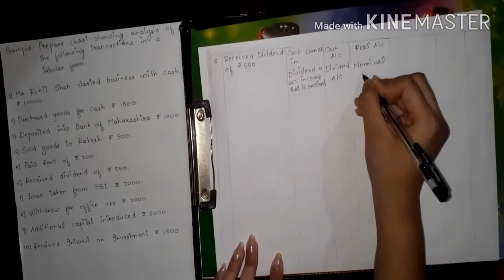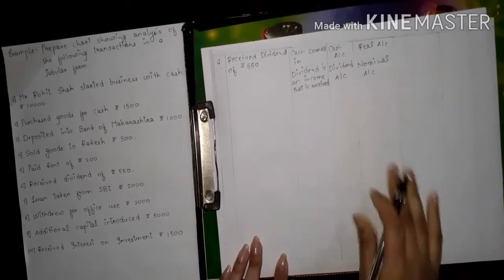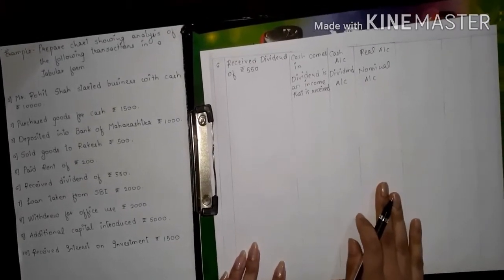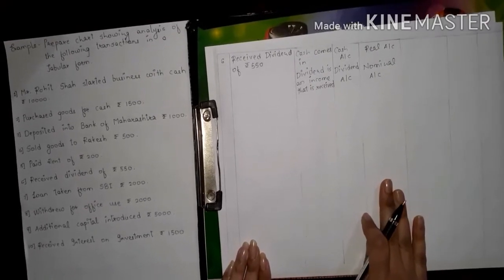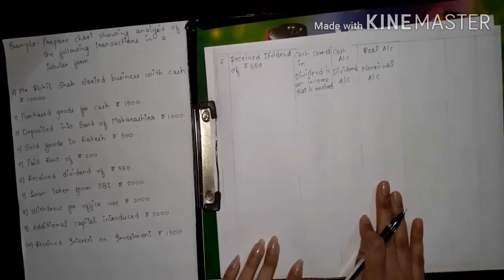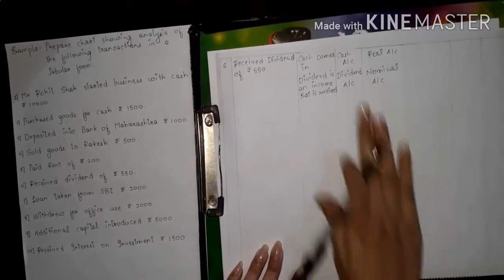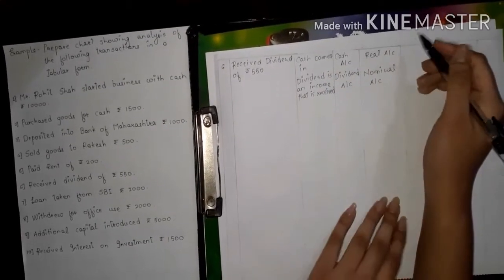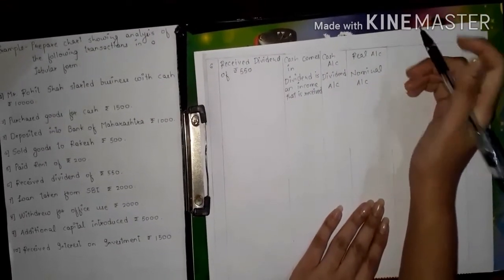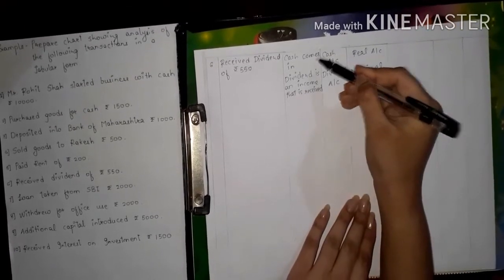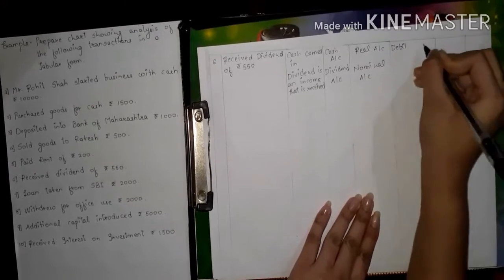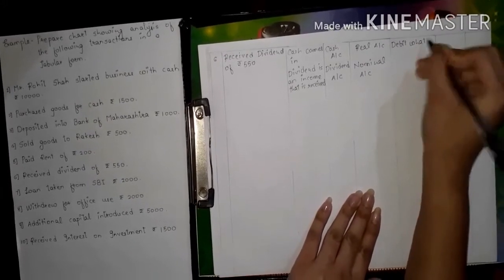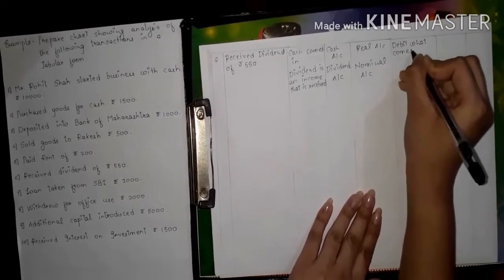Learn by heart all the golden rules so that you will understand which account is debited and which account is credited according to expenses and losses and incomes and gains. Now rules applied. Real account rule: debit what comes in and credit what goes out. Here cash has come into the business, so we will write the rule debit what comes in.